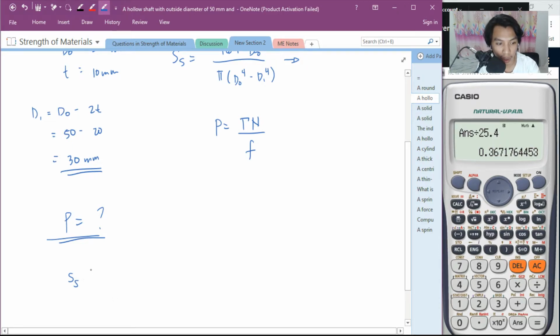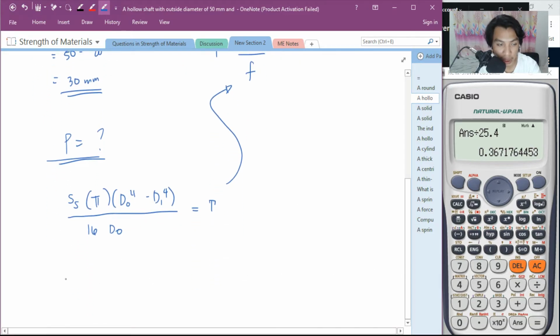Okay. SS multiplied to pi times DO to the fourth minus DI to the fourth divided by 16 DO. That is equal to the torque. Okay, ipapasok ngayon natin dito sa equation na to. Okay, power is asked.